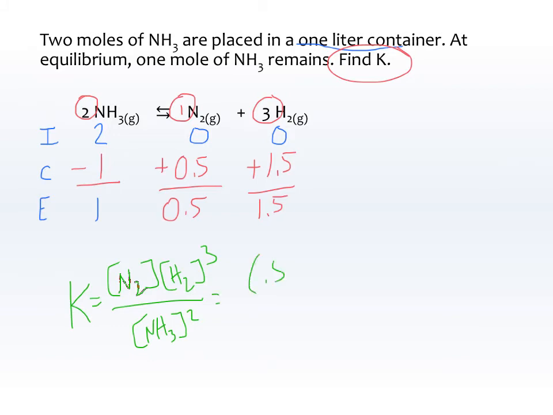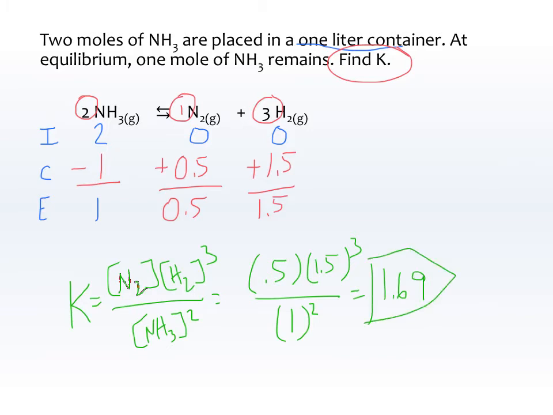That's 0.5 times 1.5 cubed over 1 squared. 1.5 cubed times 0.5 is 1.69 divided by 1 squared is 1.69. There's K. Oh, that was a really bad box. And that's it. And that's K. And that's a type 2 problem.